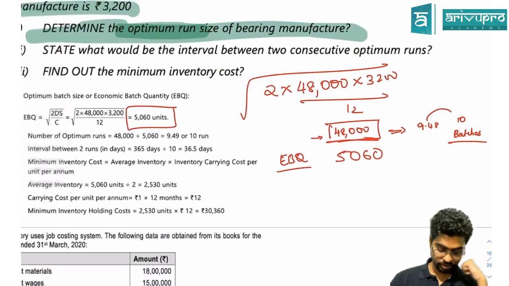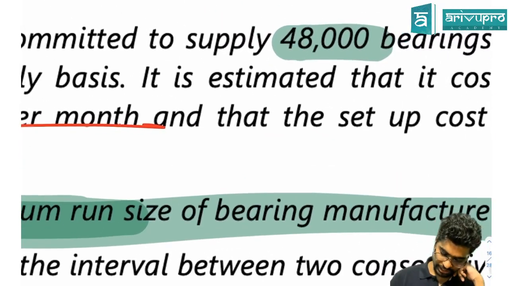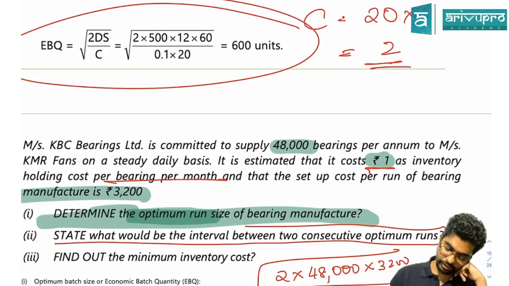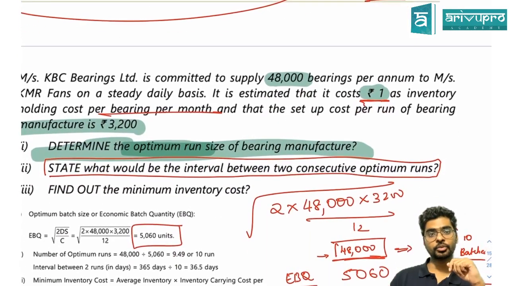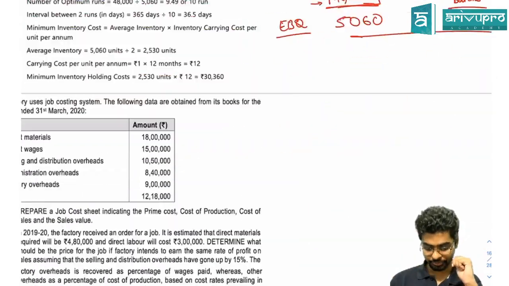Are you guys done? So see, what is the question they are asking? Did they say how many batches are you going to be running? The answer is no. They are asking between two batches, what is going to be the time gap? Okay.